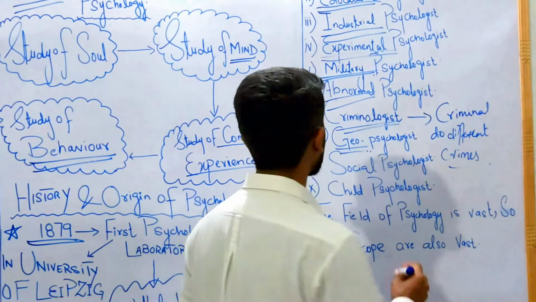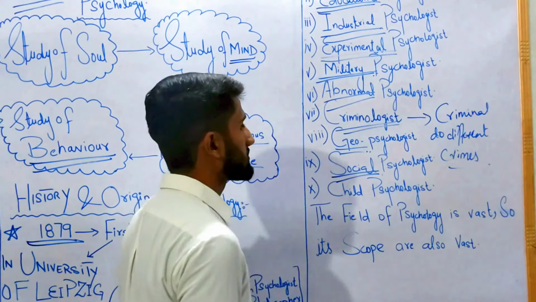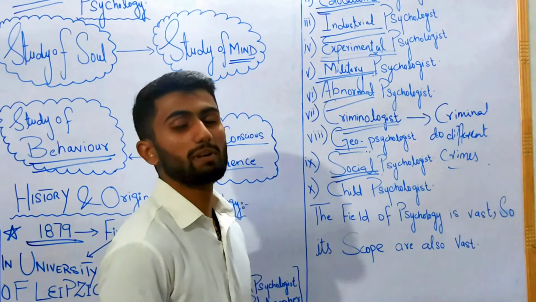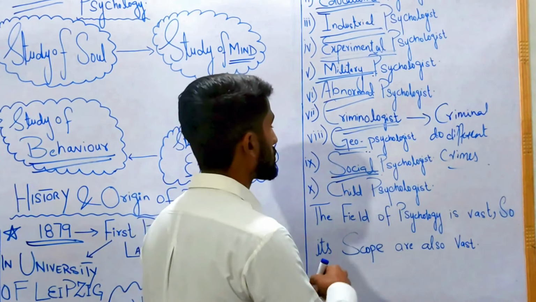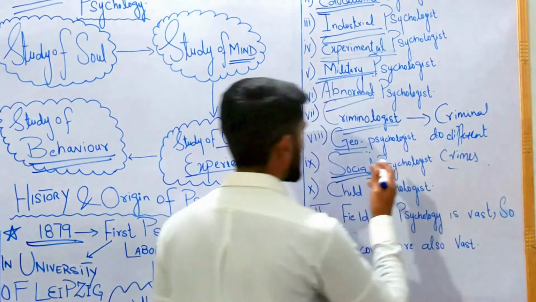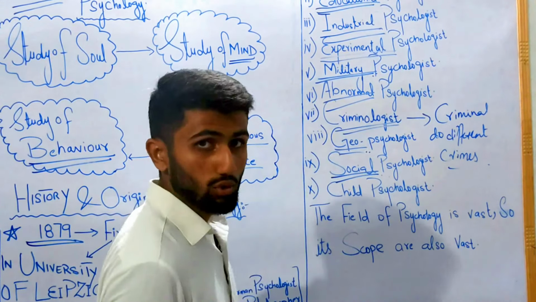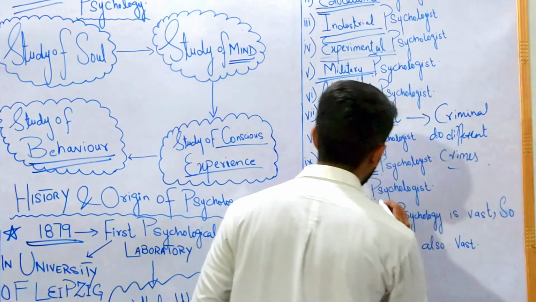So the ninth one is social psychologist. Social psychology is related to people's intentions, their beliefs, their focus and their goals in a social context. This is mainly the work of a social psychologist. So at last, it is a child psychologist.